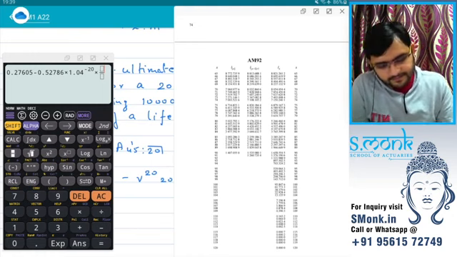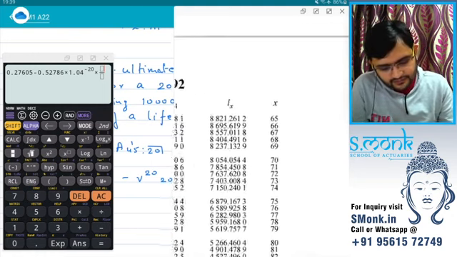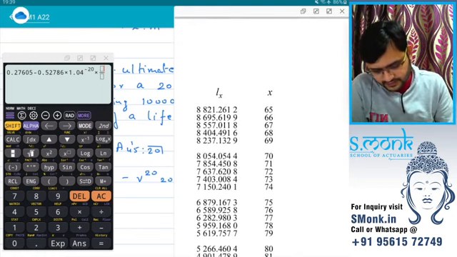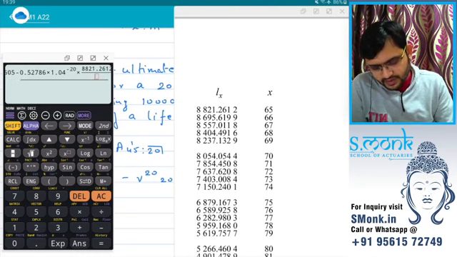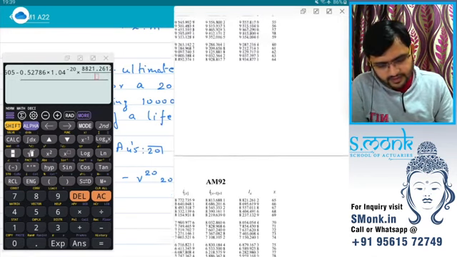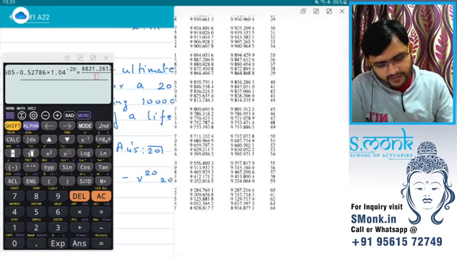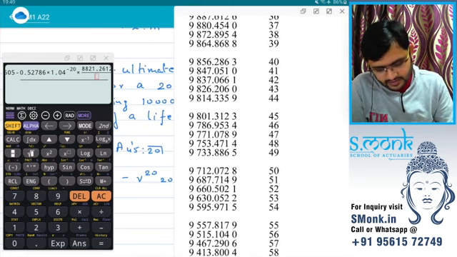So l65 is here, 8821.2612, divided by l45, which will be here, 9801.3123.